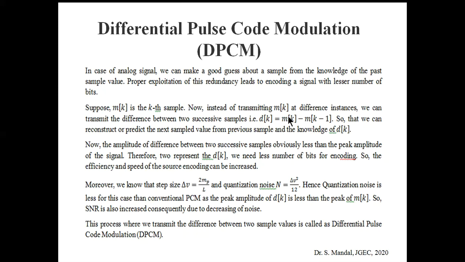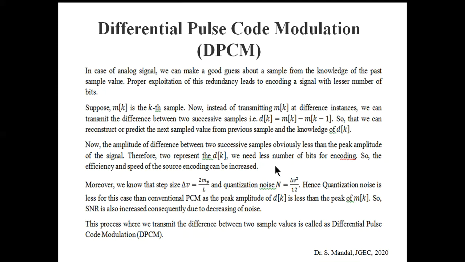Now, what is the benefit of this approach? If we take the difference between two successive samples, obviously the peak amplitude of this error or difference signal will be reduced. So the peak to peak amplitude of the original signal is much larger than the peak to peak amplitude of the difference signal, dk.